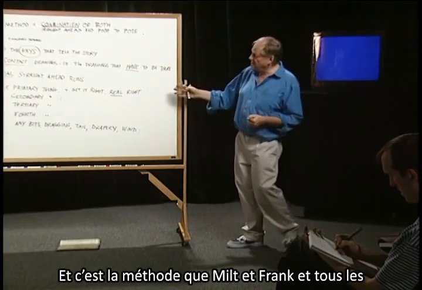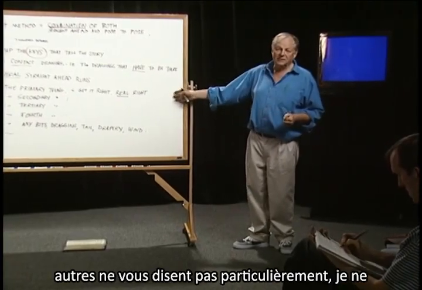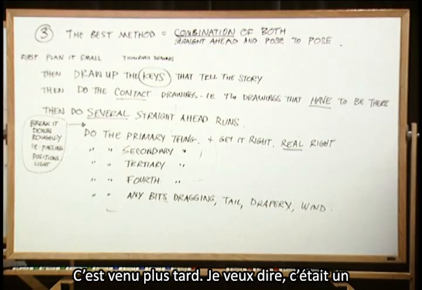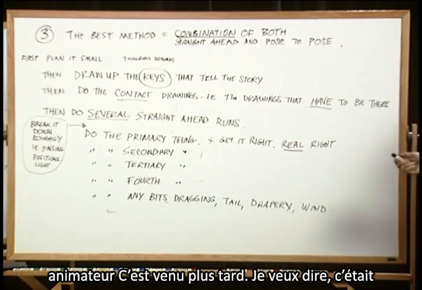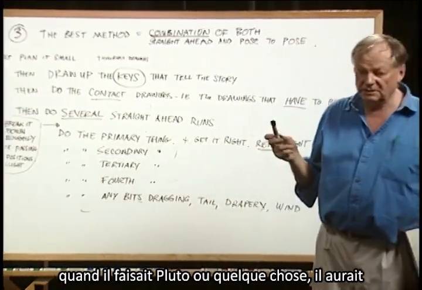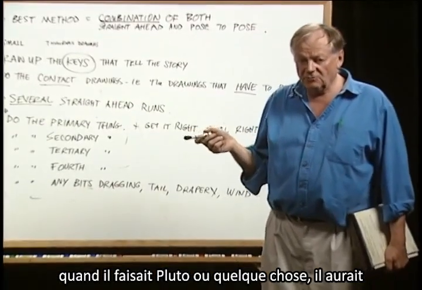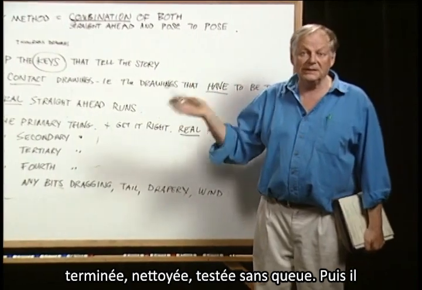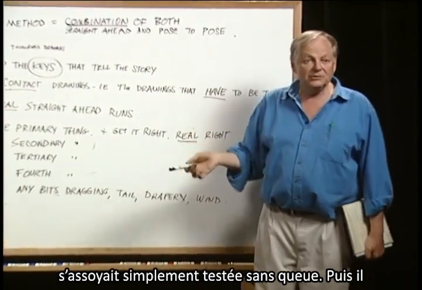And this is the method that Milt and Frank and all, they don't tell you this particularly, I don't think. It came later. I mean, there was an animator at Disney who was a very good animator, who when he did a Pluto or something, he'd have the whole scene finished, cleaned up, tested, with no tail.